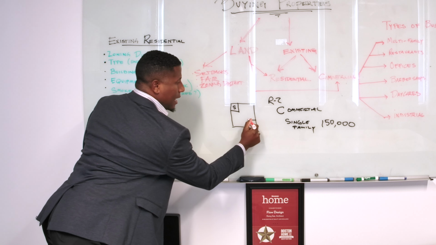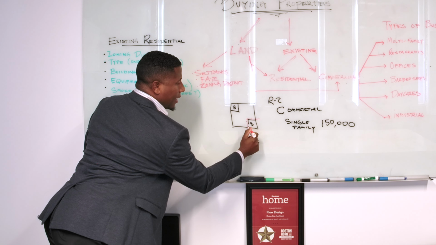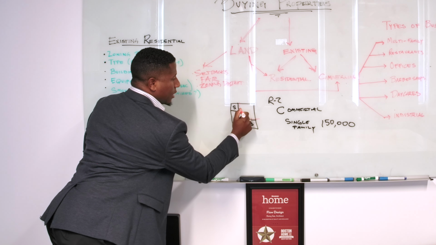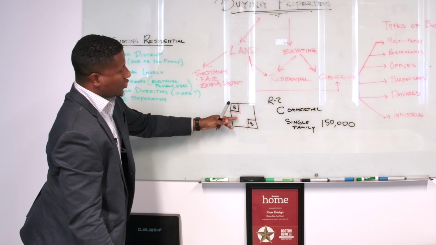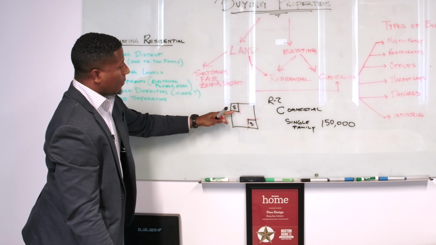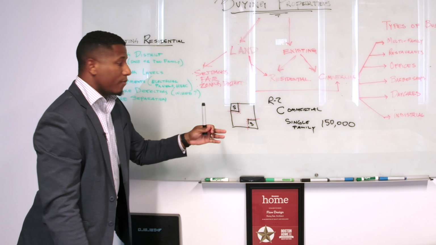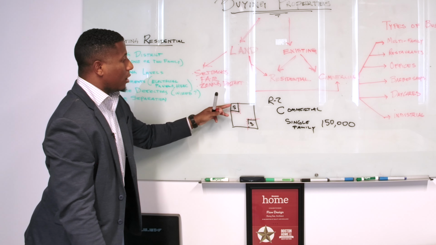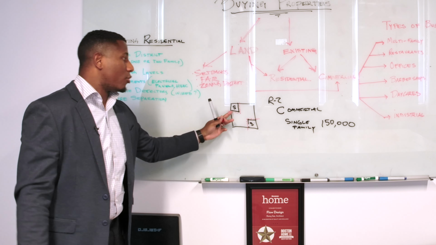Which means that we need to create a fire separation for those stairs. So if there is a fire in this unit, people are able to exit the building safely, and it gives them enough time, so this area is a little bit more protected. It's not that it's not going to burn.